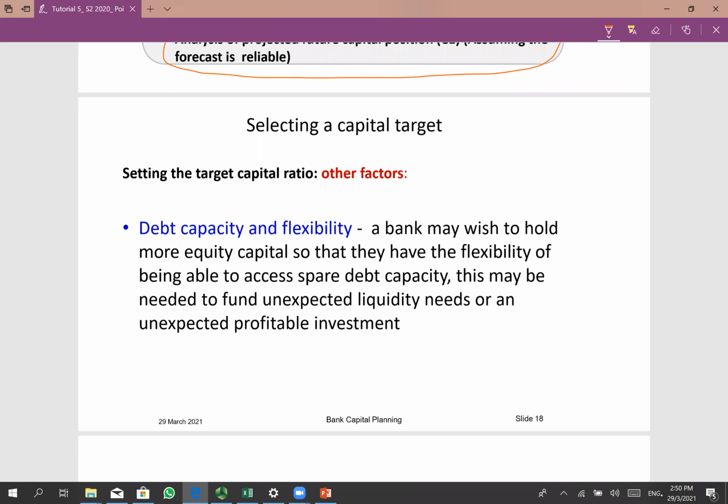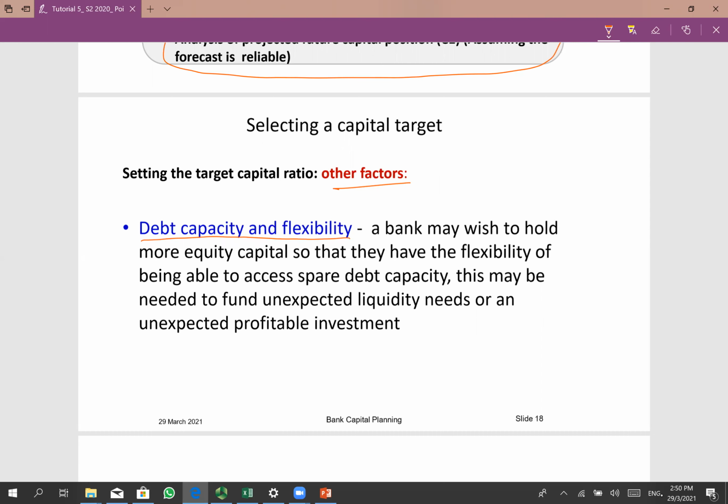Okay, there is only one additional question, which is setting the target capital ratio. We said, what does debt capacity mean when we decide on the target capital?